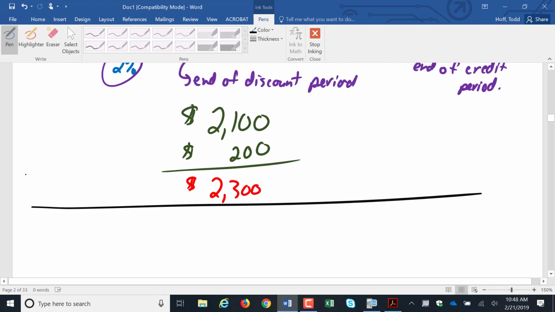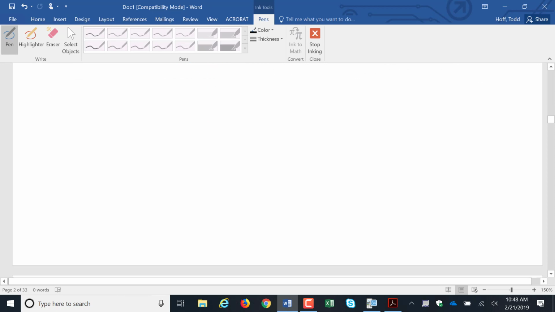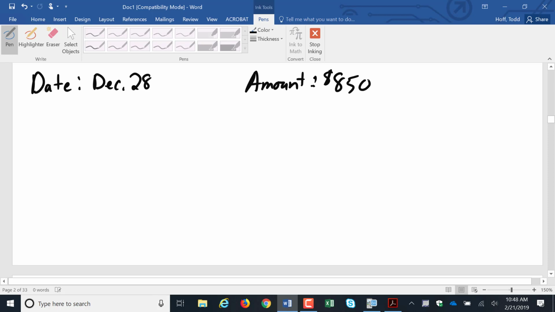And one more example. So if we have an invoice date of December 28th, an amount of, let's just make it a nice $850. Our terms, 1/10, net 30, and again our seller is going to prepay a portion of freight.